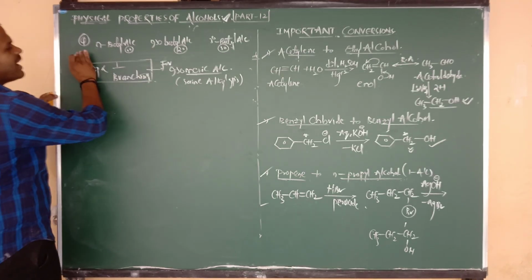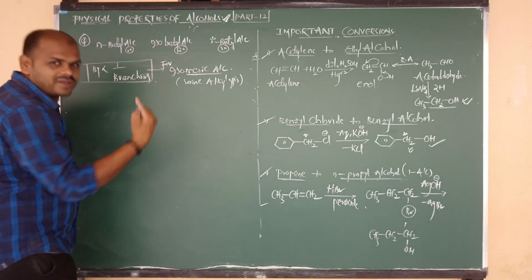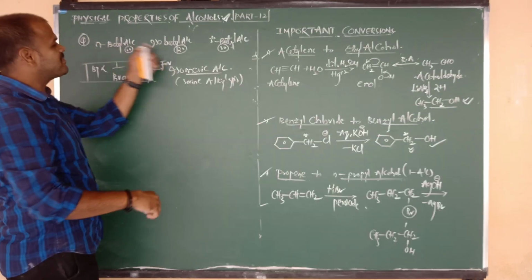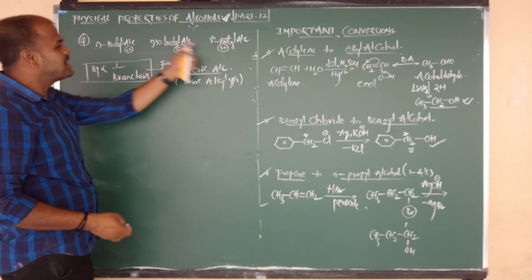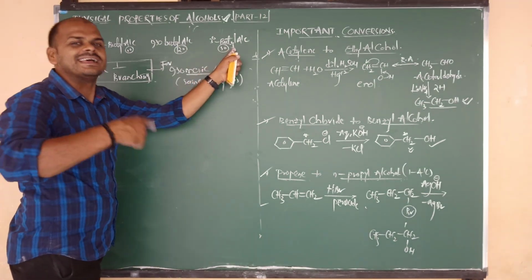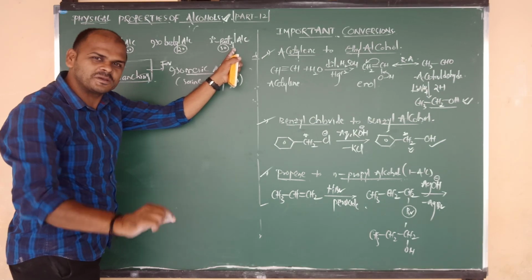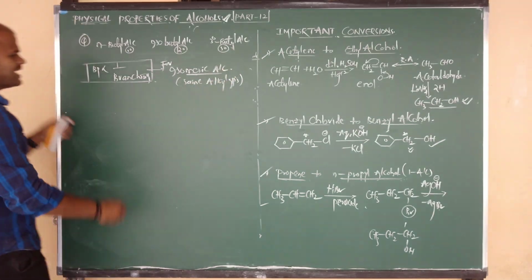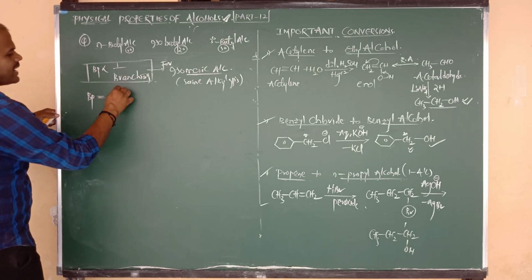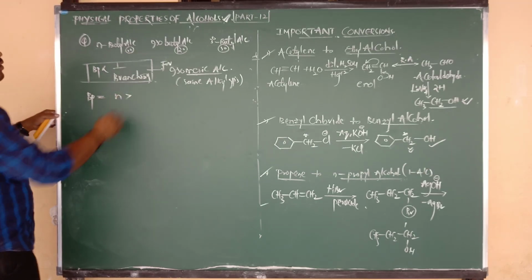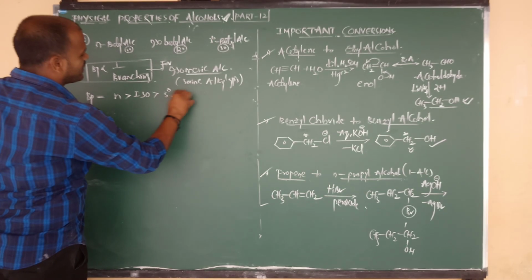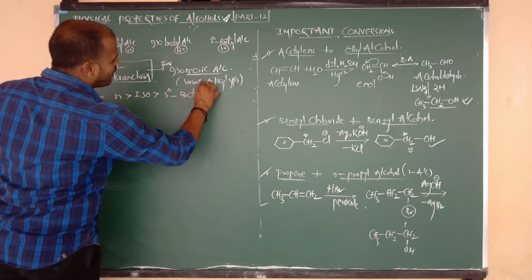Right. N-butyl is straight chain, isobutyl has one side chain, tertiary butyl has another side chain. As the number of side chains increases, here branching increases. As the branching nature increases, automatically the respective boiling point decreases. So for this question, the answer: N-butyl alcohol contains the highest, after that isobutyl alcohol, and after that tertiary butyl alcohol.